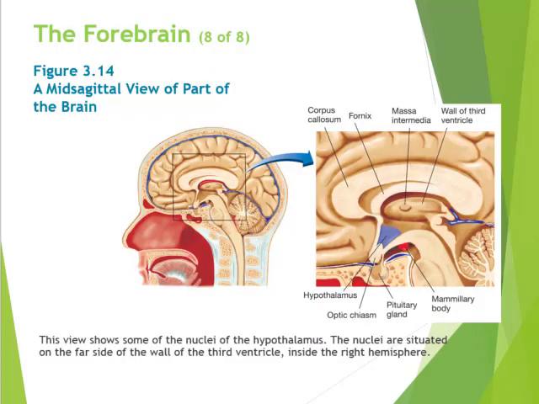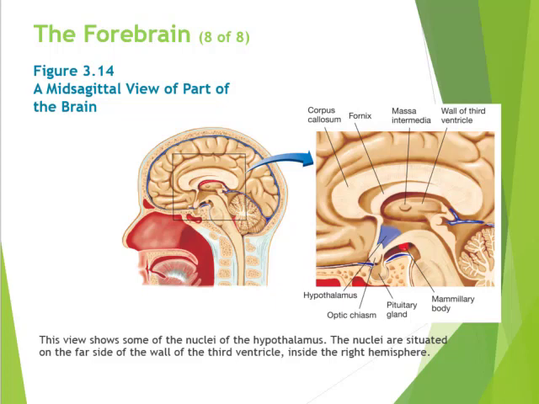For now, we're going to move on to a discussion of other parts of the forebrain, comprised by the diencephalon, which is the second major division of the forebrain, and surrounds the third ventricle. It includes the thalamus and the hypothalamus, which we've mentioned before.